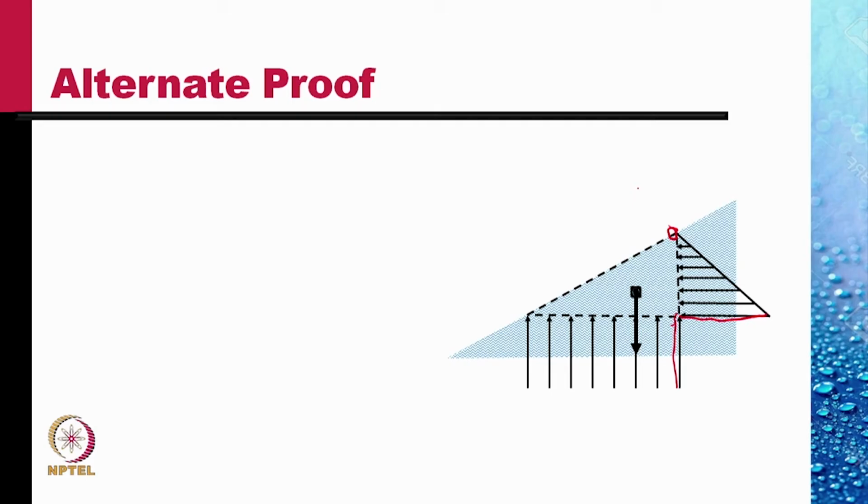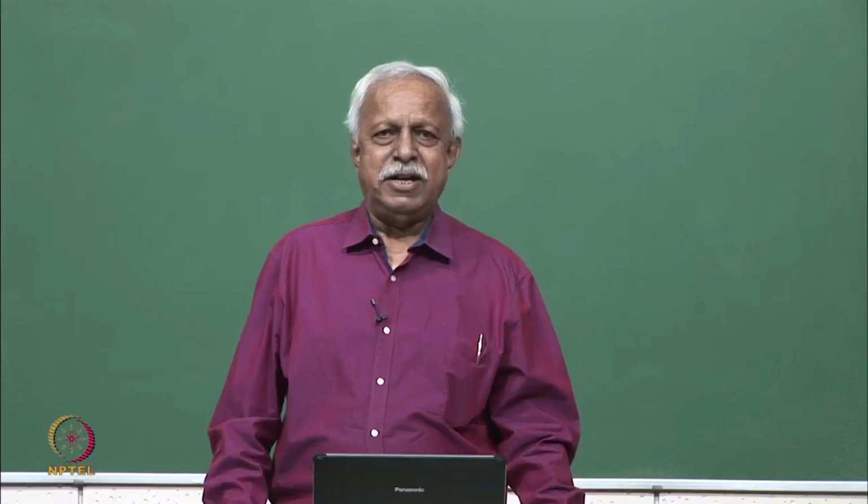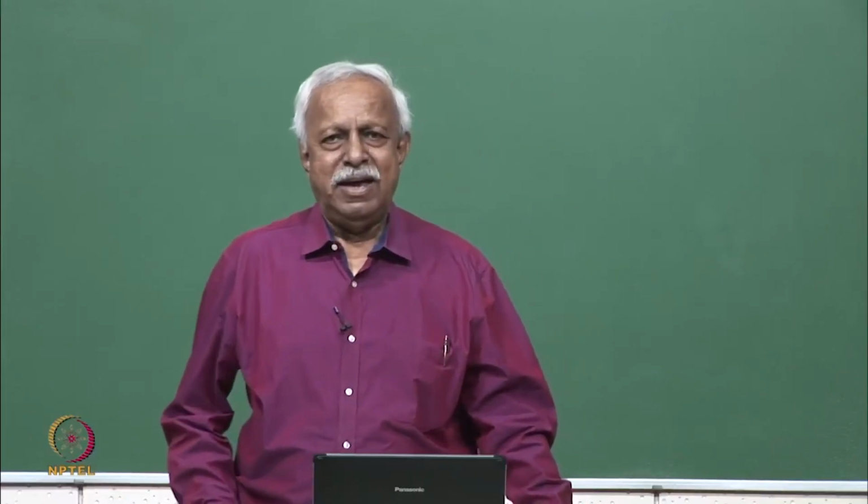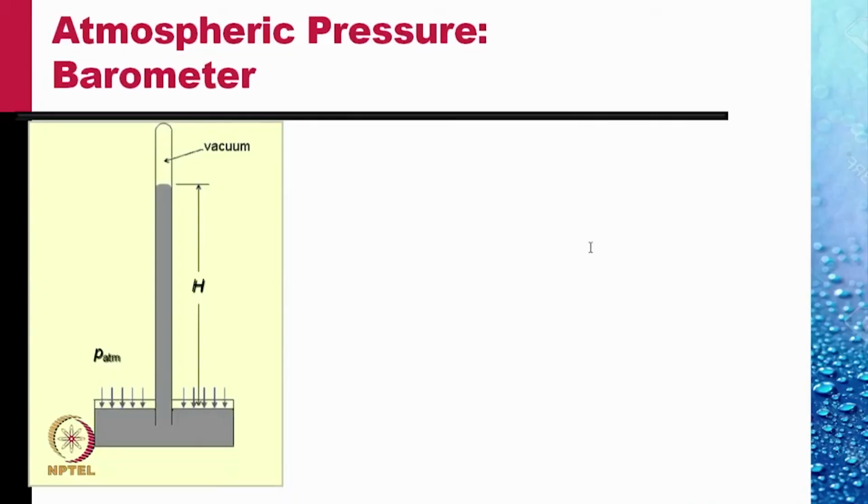Therefore, the only valid configuration is when the surface of the liquid is horizontal, so that we cannot create a wedge-shaped element. You do know about a barometer, a device to measure the pressure of the atmosphere.